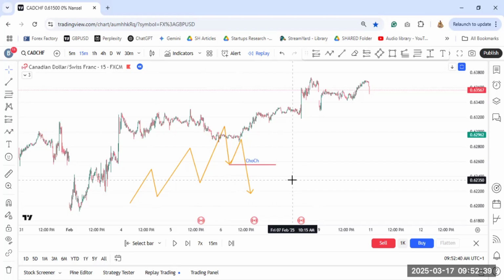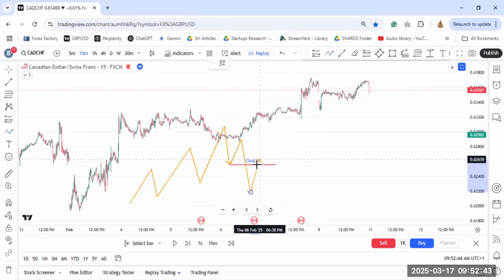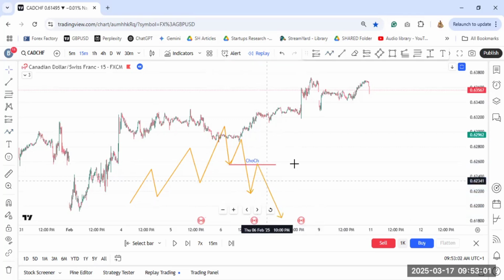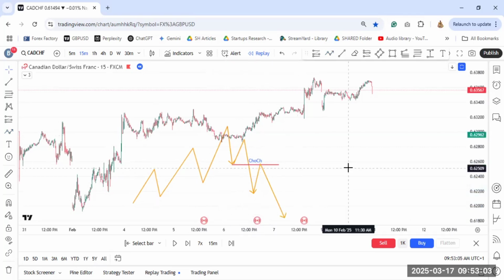And this is what happens. And once that happens, you are to spot it. You can wait at the point of the change of character with a pending order, and you will start selling because the market should start pushing downwards. That is how you trade change of character in Forex trading.